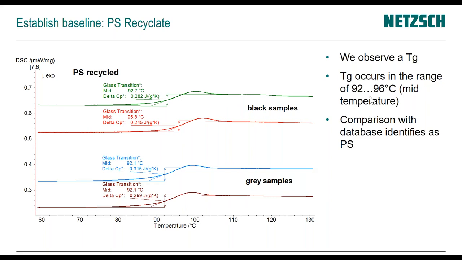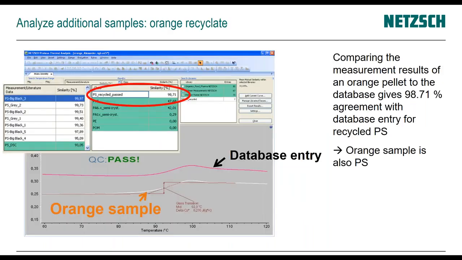And we also see that this glass transition always occurs in the same range, between 92 and 93 degrees C. And by comparing it with our database, we learned that this is a polystyrene. So we included all these measurements and created a new material, which we called polystyrene recycled. And all the other measurements we do will benchmark exactly against these measurements and then know if a material passes or fails. So we have our baseline.